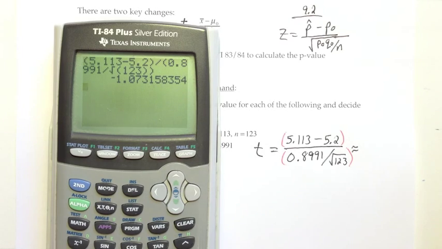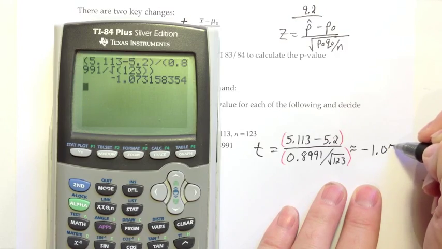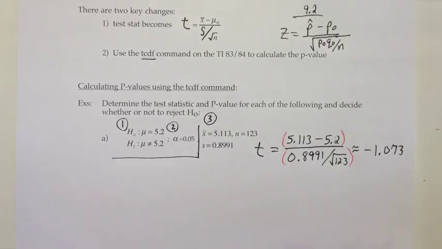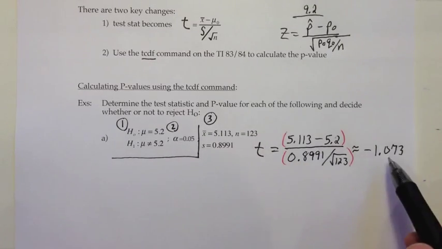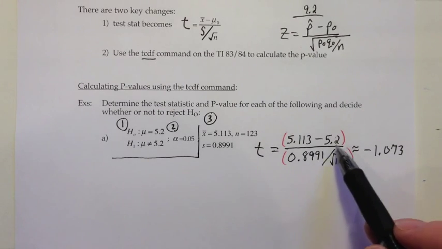I get a test statistic of negative 1.073. And in my mind, that mostly decides the hypothesis test, because that's saying that my x bar is just about one standard deviation away from the claim value, and that's pretty close.